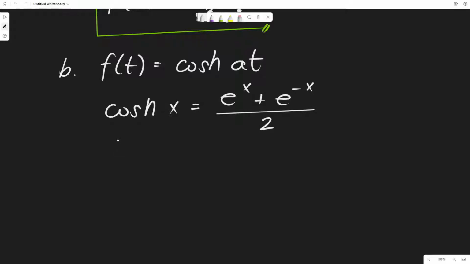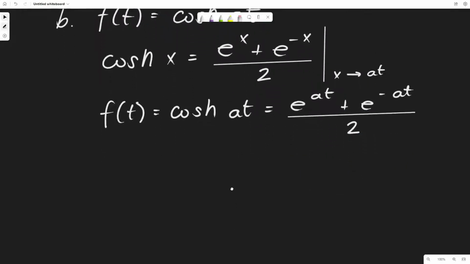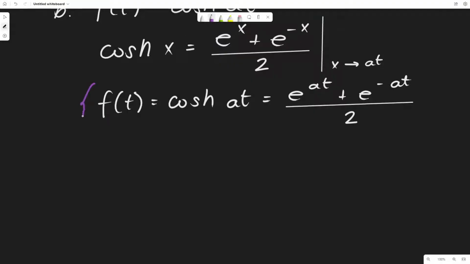So we are going to shift from x to at since at yung pinapahanap sa atin. So we have f of t is equal to cos at, which is equivalent to e raised to at plus e raised to negative at all over 2. Okay? So ito yung kukunan natin ng Laplace transform.